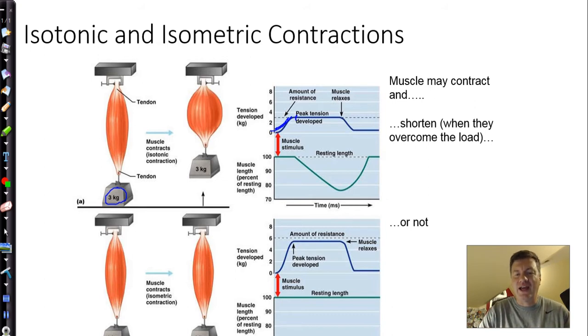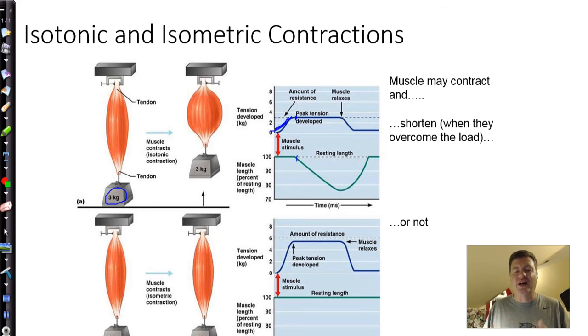If that tension actually is enough to overcome the load, then in this case, this muscle shortens, and this is an example of an isotonic contraction. The muscle shortens because actin slid past myosin, because in this case we could overcome the load. We can get enough force in that muscle to make that muscle contract and pull the load.